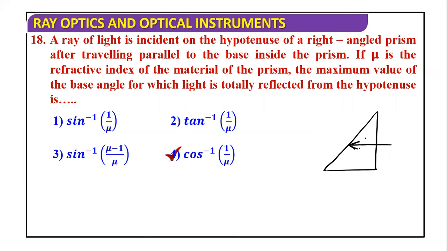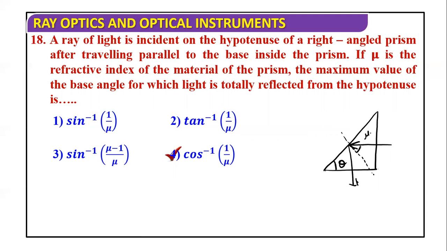If mu is the refractive index of material of prism, the maximum value of base angle for which light is totally reflected from hypotenuse. We want to find this base angle. Let's say this is theta. To get totally reflected, this light has to be incident at critical angle.